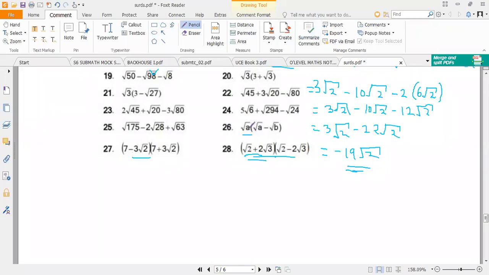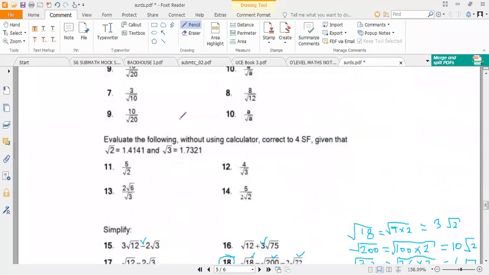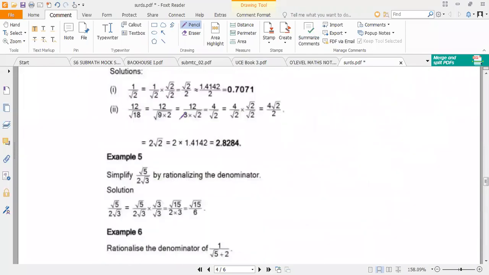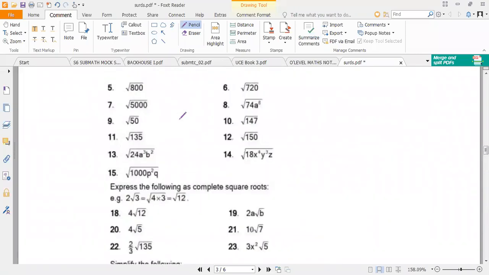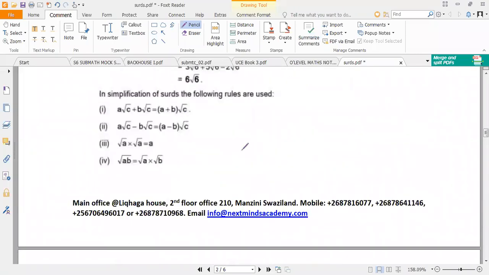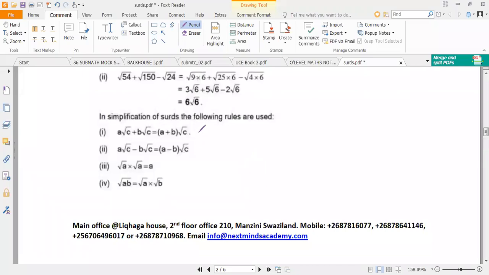What do you do when you're multiplying surds? What do you do when you're opening a bracket? For example, if I'm to do this, root A times root B. So when you're multiplying two surds, if I'm to go back a little bit, to the properties of surds, this is the simplification of surds.